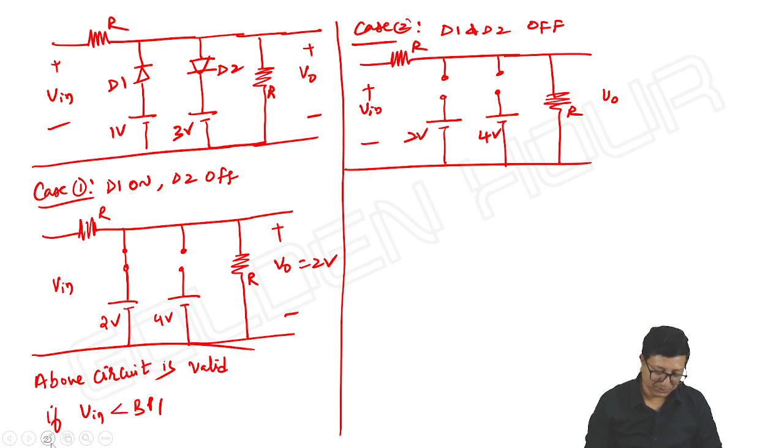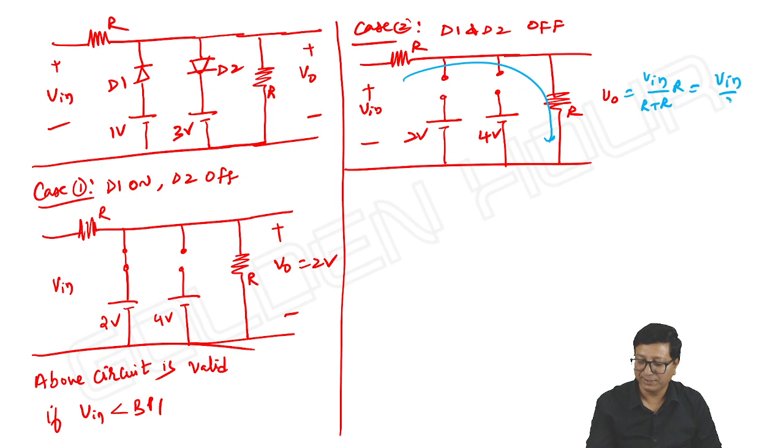Then what is the output? Is it possible to write output is equal to input? Definitely not. There is a current flow. So output is equal to V input by R plus R into R, that is input by 2.